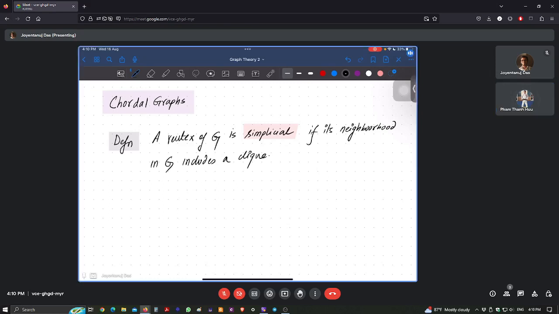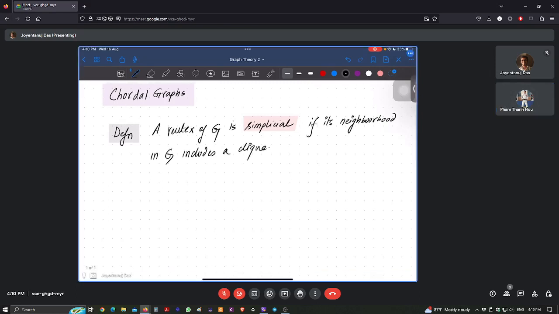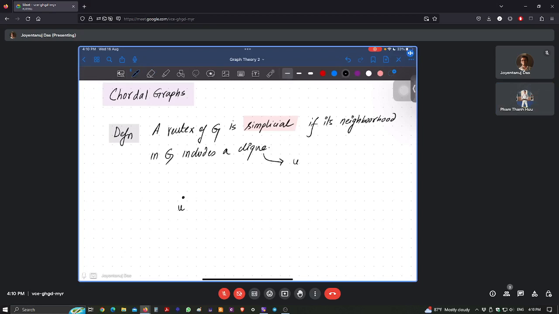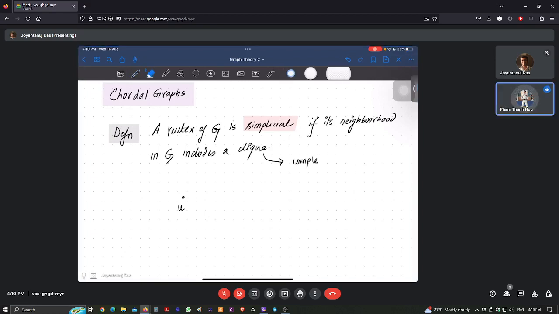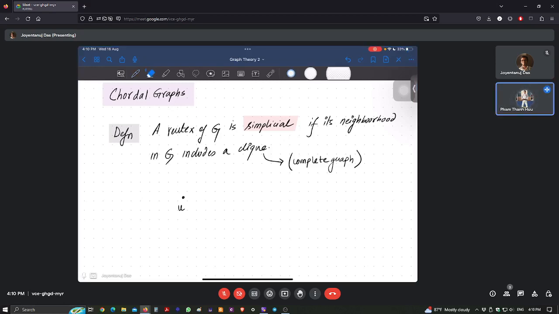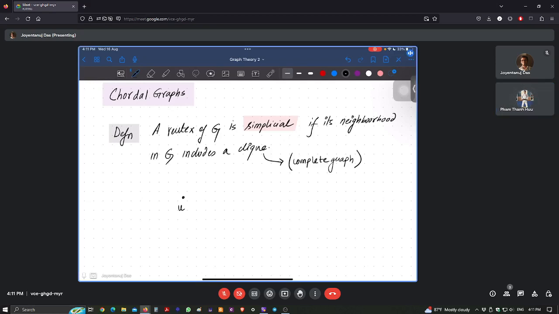So a clique, if you remember, is a complete graph, right? So suppose this is a particular vertex u. A complete graph, if it occurs as a subgraph in a bigger graph, we call it a clique.